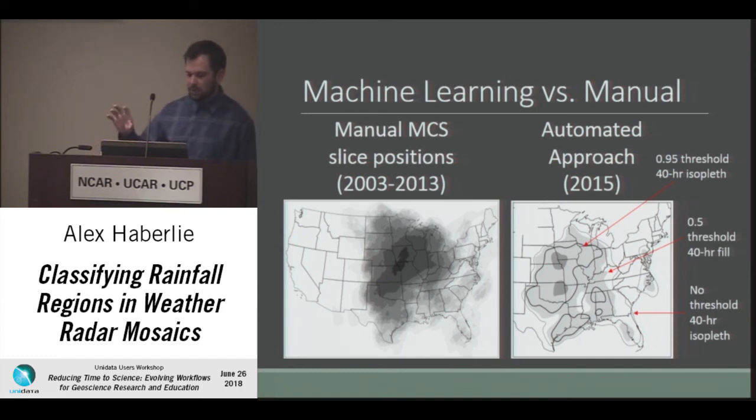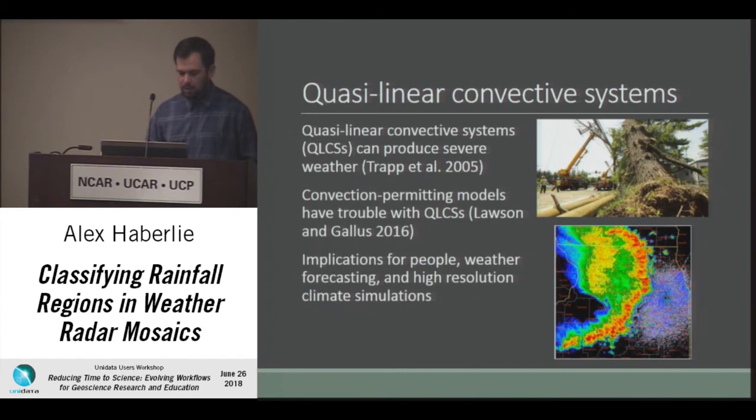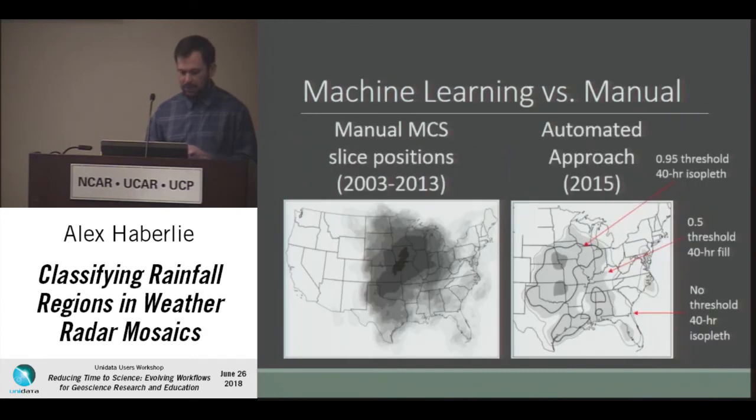If you get even higher into the 0.95 range, you can constrain this in the eastern plains and the Midwest. What's cool about this is that it's getting closer and closer to what you see on the left, which is, I would say, the closest thing we have to ground truth in this case. Okay, so that's the random forest, the tree-based stuff.